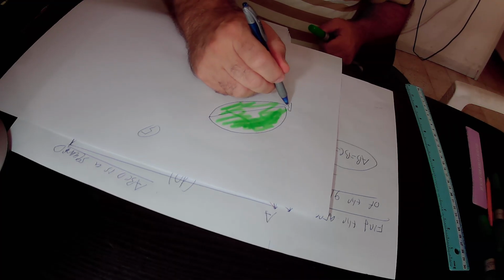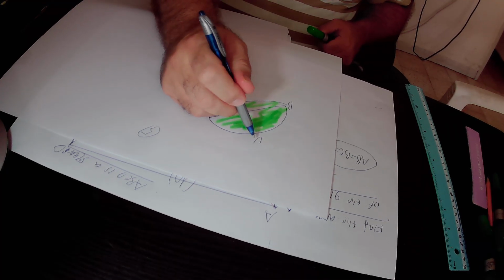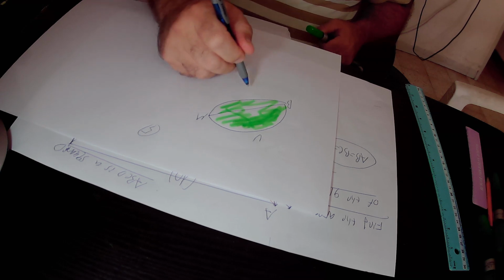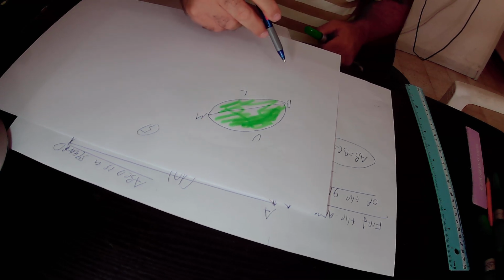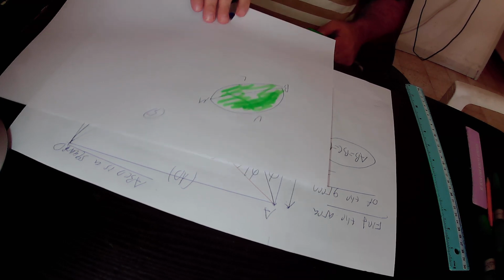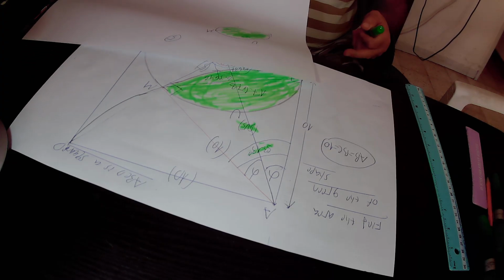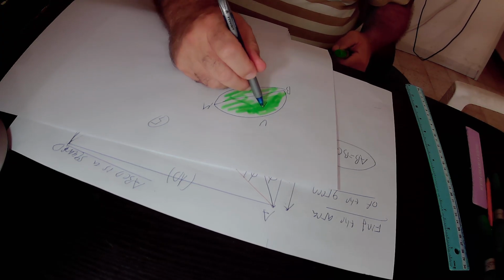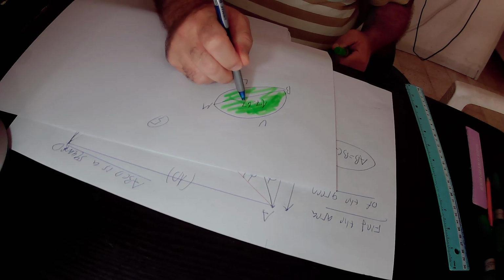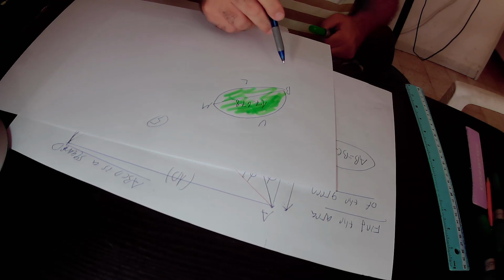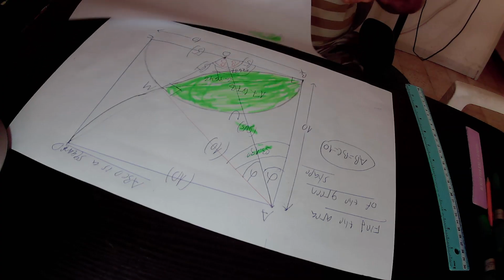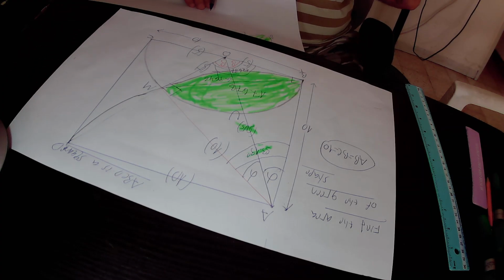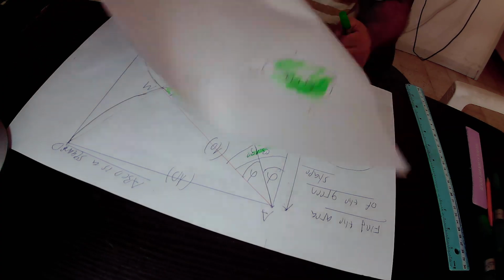So the area of this green shape will be equal to the area of the upper segment BUM, that is equal to 17.678 square inches in size, plus the area of the lower segment BLM, that is equal to 6.3646 square inches in size.